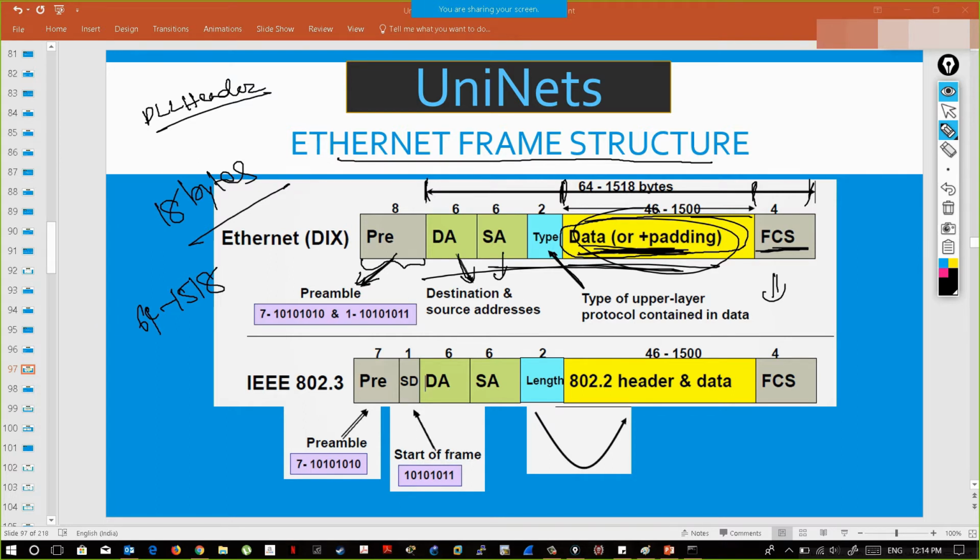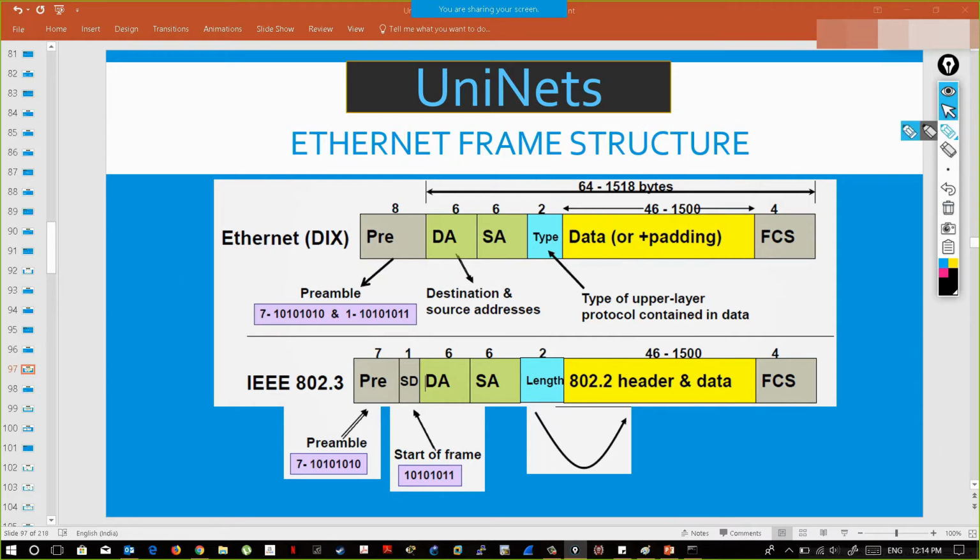Whatever the data is received, 18 bytes of header is added. Just remember this, don't go in depth. Header length is 18 bytes. Okay? Done.